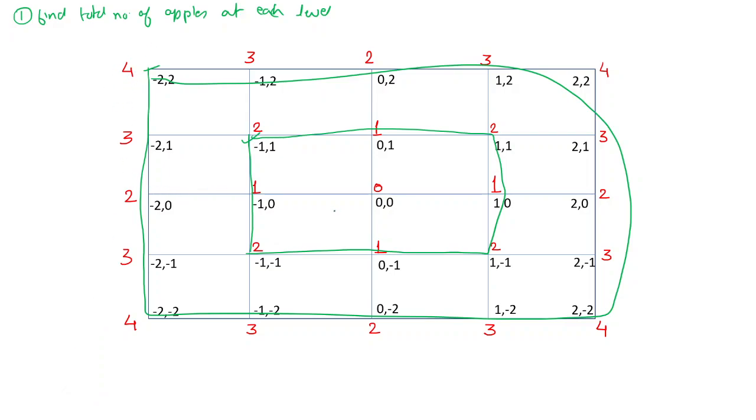If you can see here, please see this. If you are at level 2, then the middle one will always be equal to the level number. How? See, at the origin you have 0, 0. When you are moving, like how this level is created, you move one unit to the left and one unit up, so you get the topmost left position, and then one unit to the right and one unit to the bottom, and then you get the bottom right position.